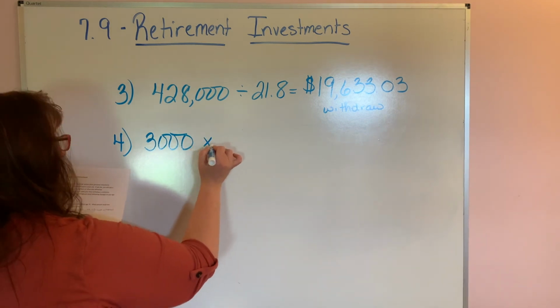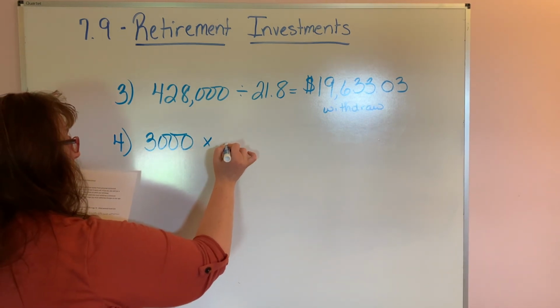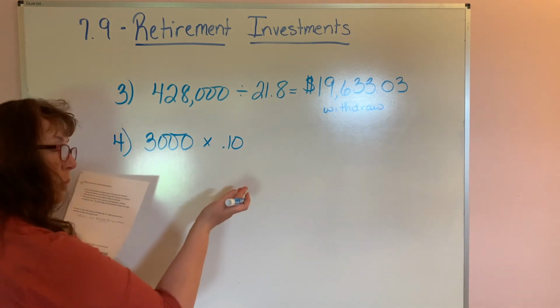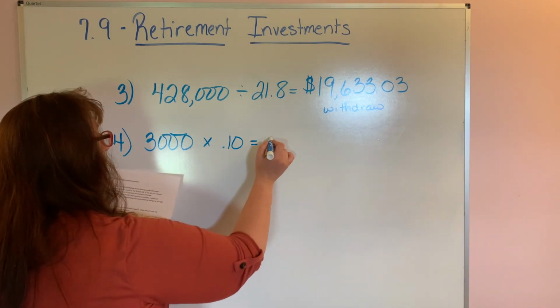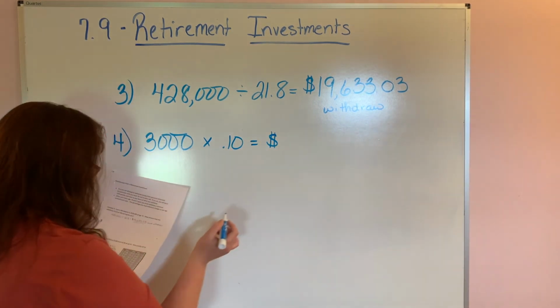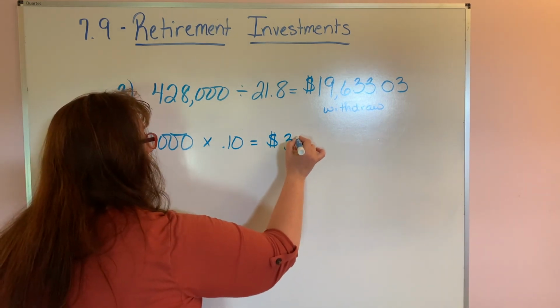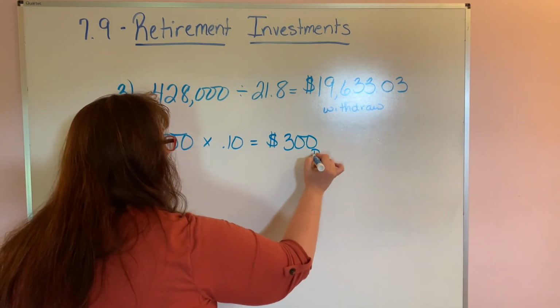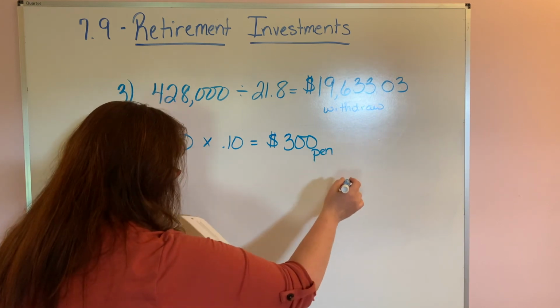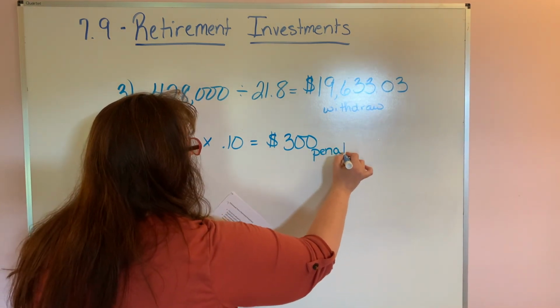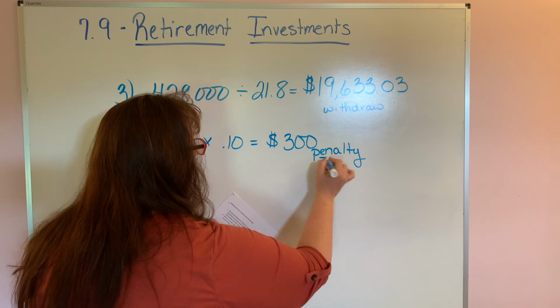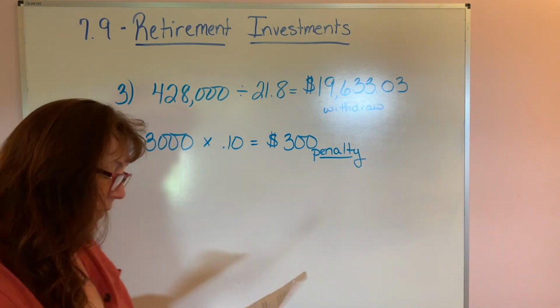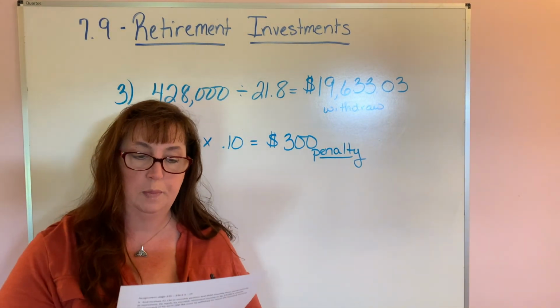We get a penalty of 10%, so you just put 10% in your calculator. And he's going to get a $300 penalty for taking the money out early. All right, that's it on retirement investments.